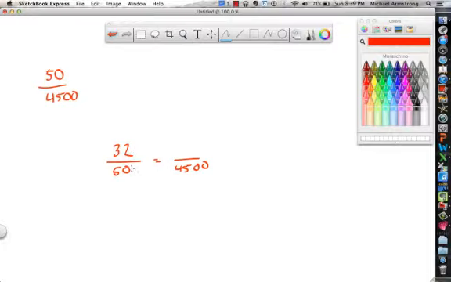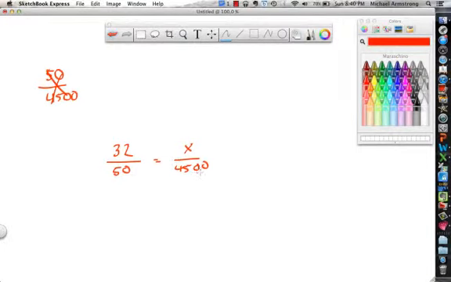And how many is that out of our total? The total was 4,500 tulips. So this fraction should be equal to this fraction. 32 out of 50 is equal to something out of 4,500.